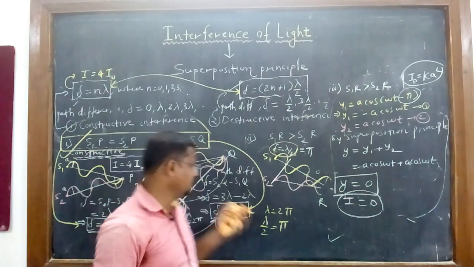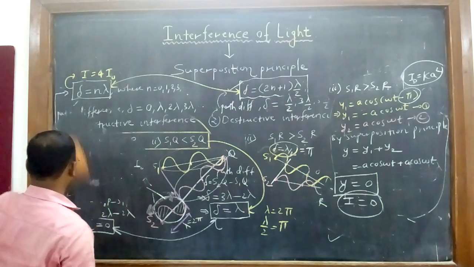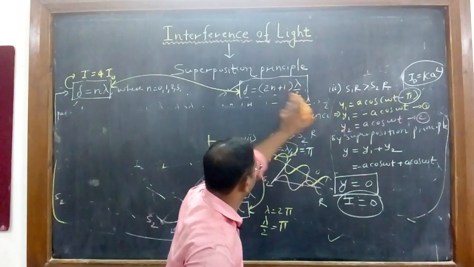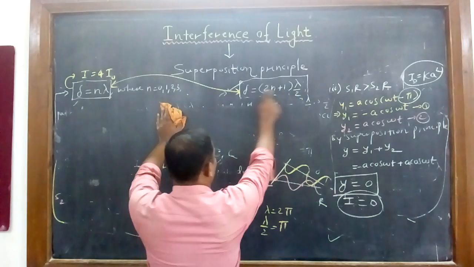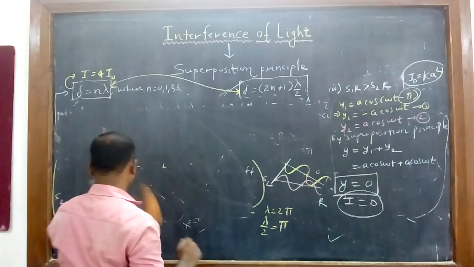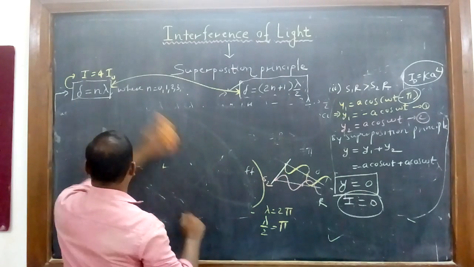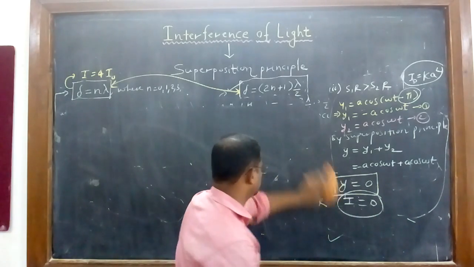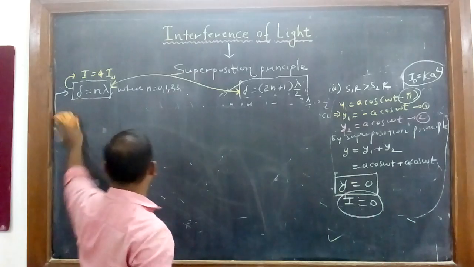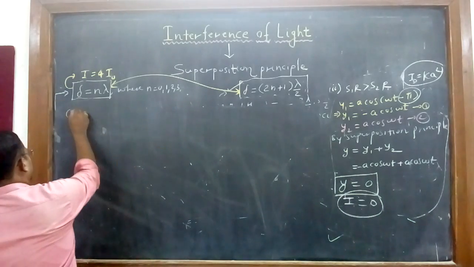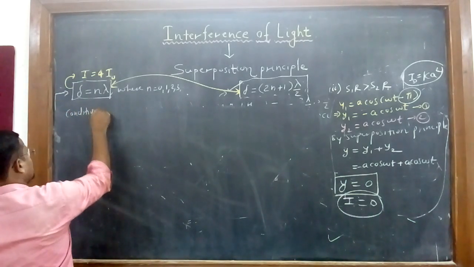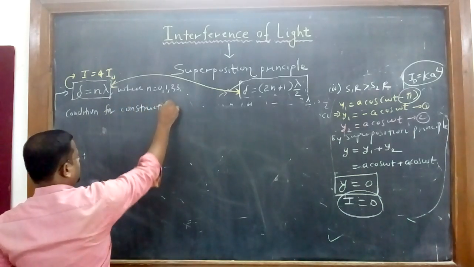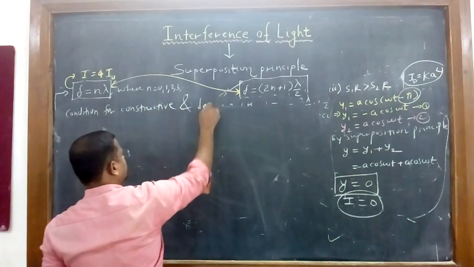For constructive interference, the path difference delta is equal to n lambda, and for destructive interference, the path difference delta is equal to an odd multiple of lambda by 2. So generally we can write the expression here. I have got the title here: condition for constructive and destructive interference. Once again I am going to draw it here: condition for constructive and destructive interference.